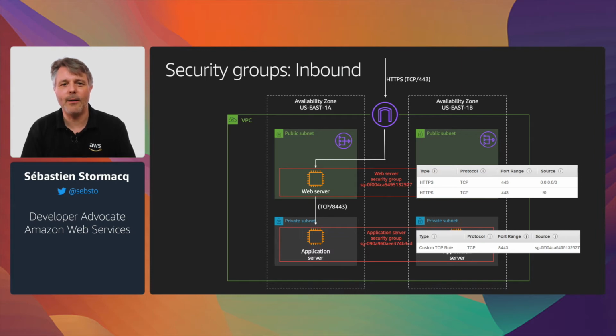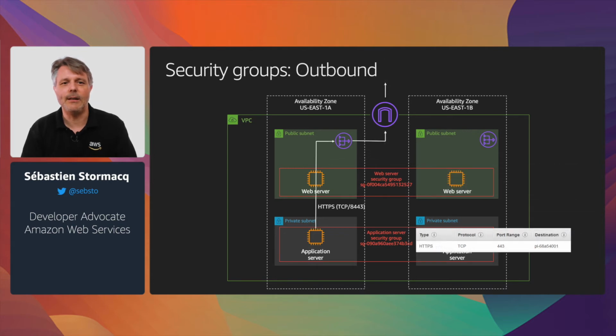Instead of giving the source IP address of the web server, which might change over time, remember if you are using auto-assign IP address, I give the reference of the origin security group. So basically it says any machine in the security group of the web server is authorized to open a connection on TCP 8443. That's how security groups work. You do not need to define the outbound filter because a security group is stateful, so it remembers that once a connection is authorized, it will automatically authorize the reply for the same TCP connection.